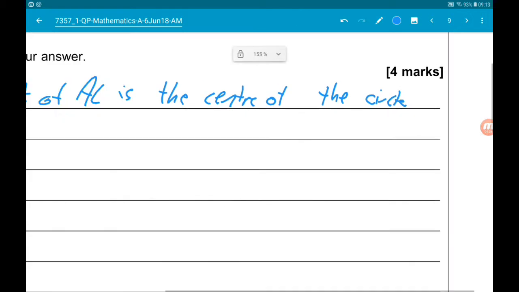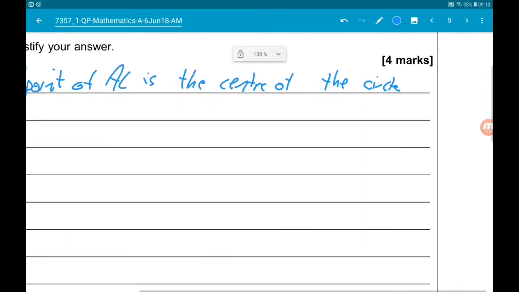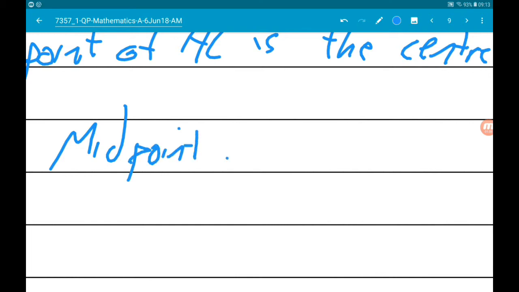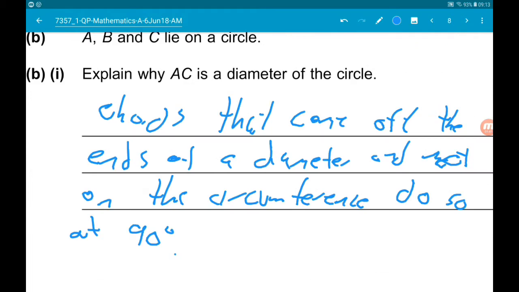So, let's find the midpoint of AC. Let's call it M. It's the cool thing to do.